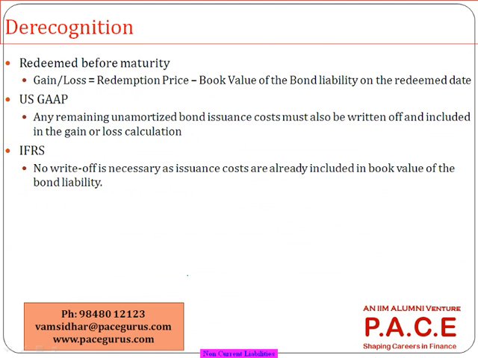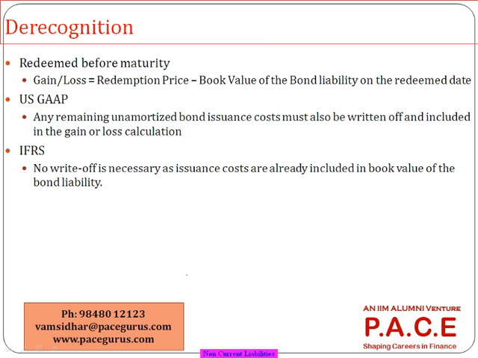Okay, then one more aspect that we need to focus on here is derecognition of the liability, which is nothing but closing the bond before the maturity date itself, redeeming the bond, buying back the bond. Let's say it's a 5-year maturity bond, but the company may say, I'll buy it back after 2 years.